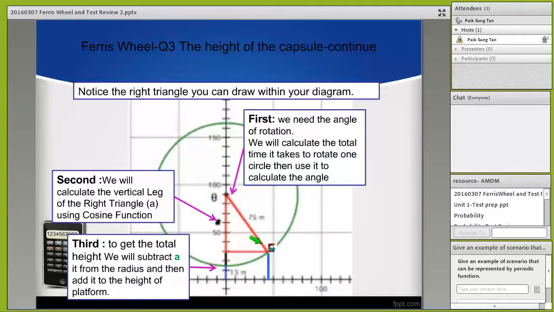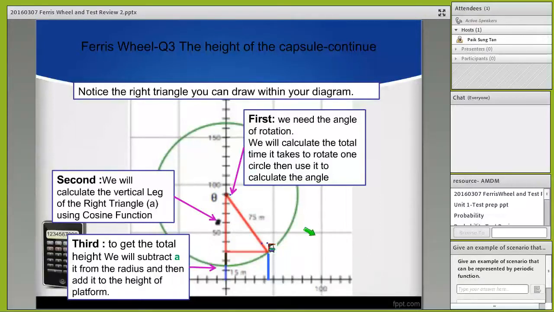Let's say this is the capsule right here, and connect where the capsule is to the center. This line right here is the hypotenuse of the right triangle, and that is also the radius of the circle. So if this is 75, this length right here is also 75.